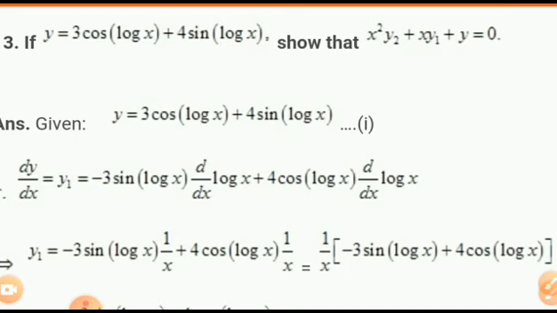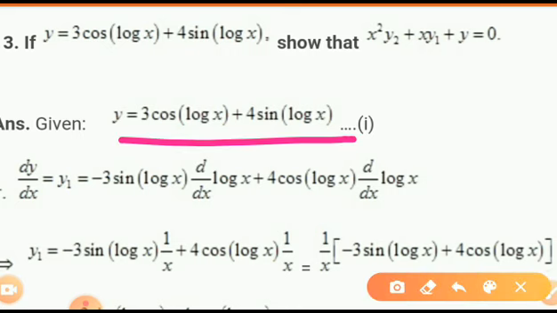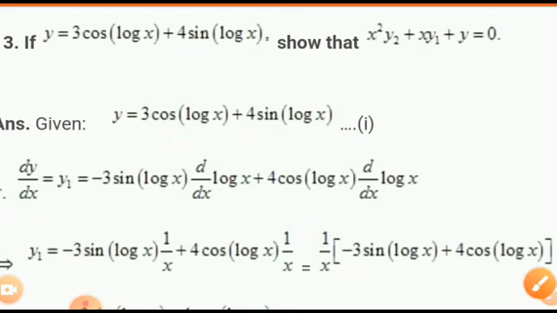So we have been given y. Find dy by dx, which is nothing but your y1. Then simplify it. You will get it as 1 by x into minus 3 sine of log x plus 4 into cos of log x. Is that clear?